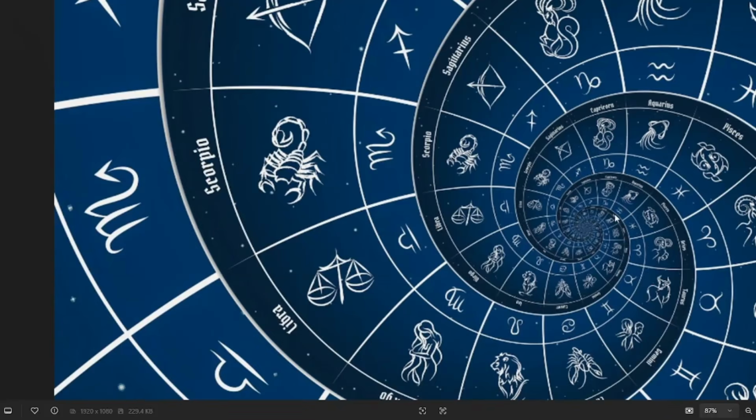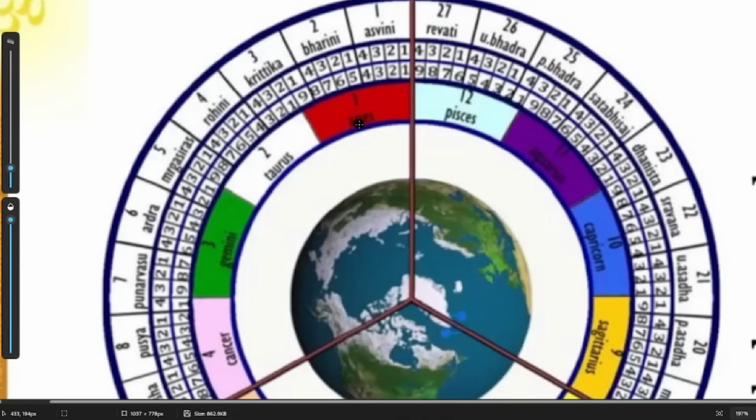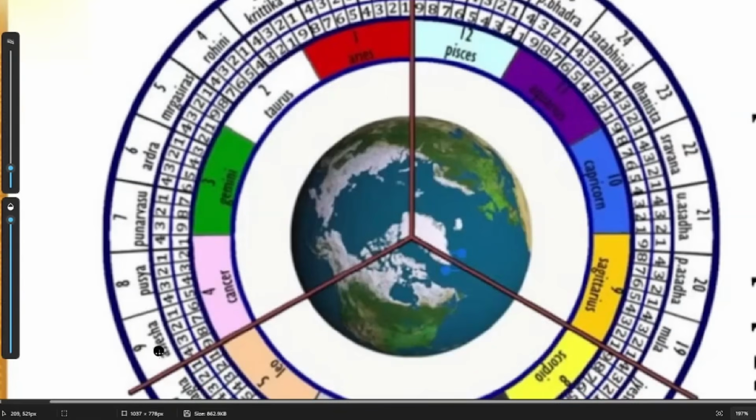This is the fractal. So each different sign corresponds to each different one of these single digits. So 1, 2, 3, 4 corresponds to 1, 2, 3, 4. These signs correspond to the padas, which divide the 9 nakshatras.